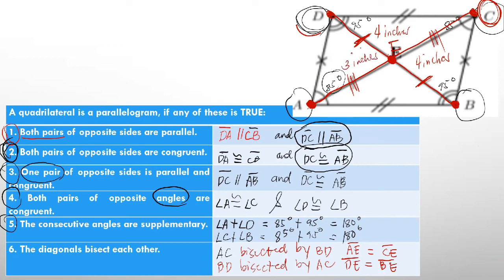So, ito yung sinasabi natin na the diagonals bisect each other, which is divided into two equal parts. So, therefore, number 6, we have proved it already. And the 6 properties of parallelogram ay nakikita natin ngayon sa ating figure. So, dapat, para masabi natin that a quadrilateral is a parallelogram, we have the properties of parallelogram sa ating quadrilateral.